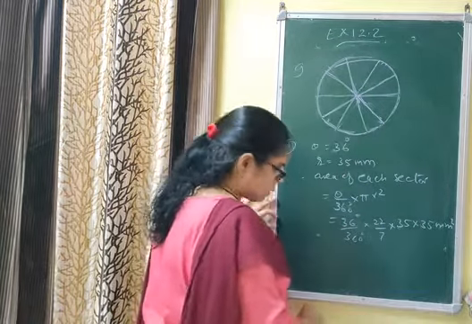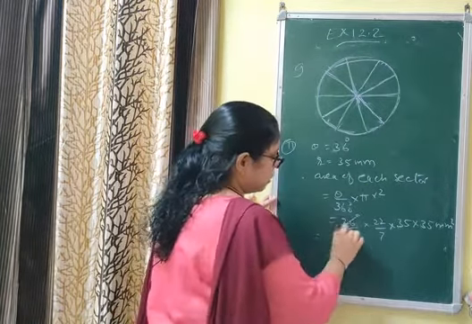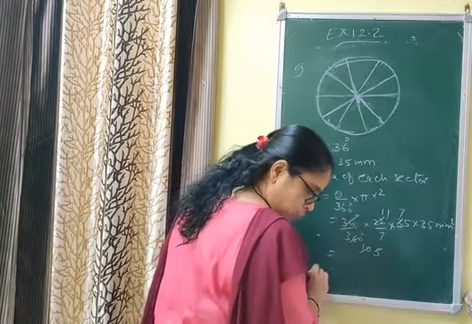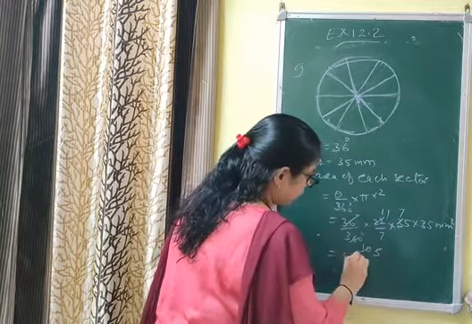If you solve this, this is 10, that is 5, again 11, that is 7. You will get the answer as 385 by 4 mm square.